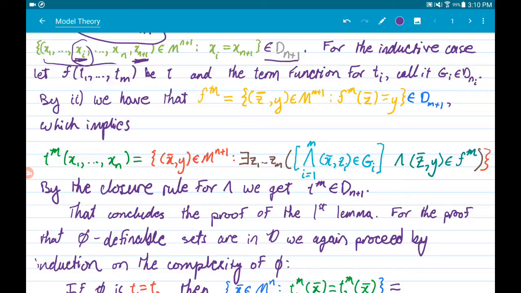So, yeah, if the case holds for all functions of lesser complexity than some particular f, we want to show that the graph of this function is also in D_{m+1}, if we say that it has m arguments.